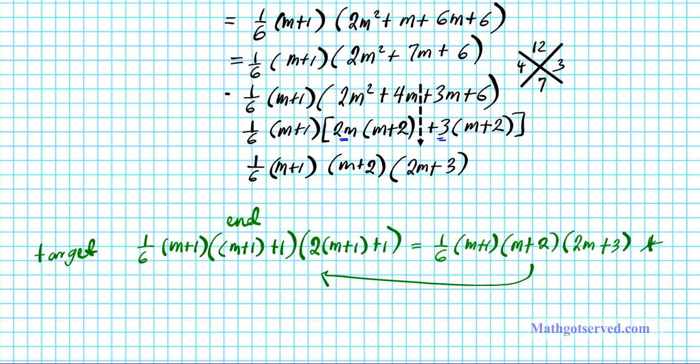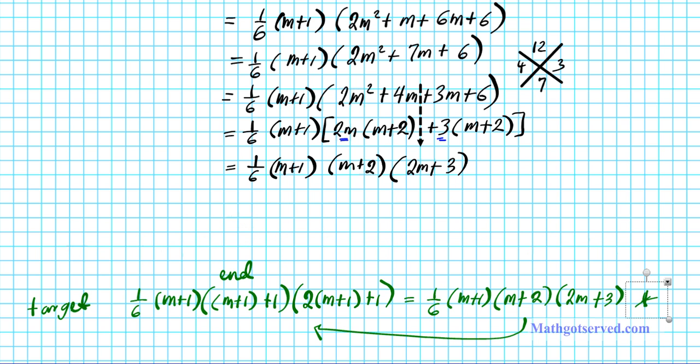All right, that's great because it looks exactly like this piece. And I will know for a certainty that this simplifies to that because we just did that right here. Okay, so let's go ahead and finish this up. So we're simply going to write, this becomes 1/6 times m plus 1 times m plus 2, which is the same thing as m plus 1 plus 1.